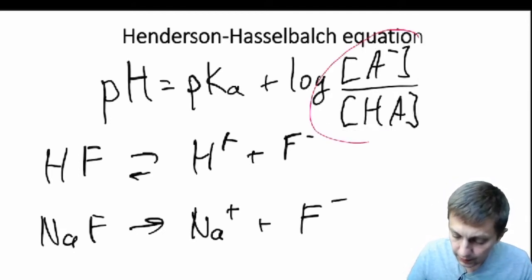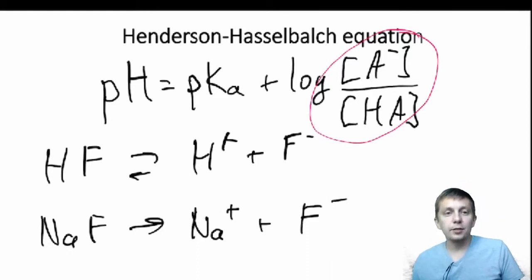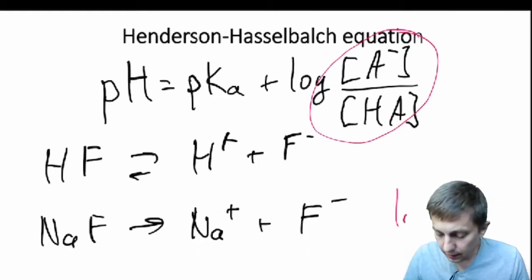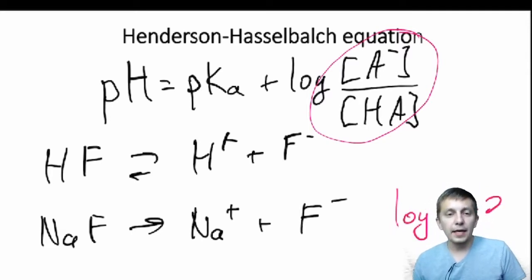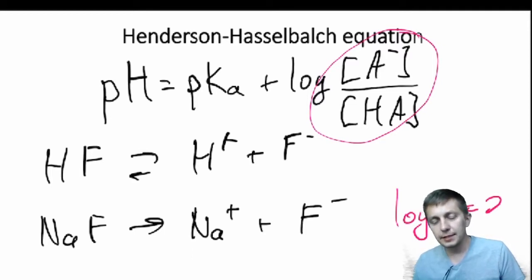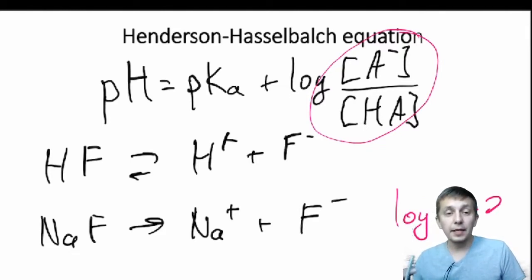What's interesting about this equation is that if the ratio of acid and conjugate base is the same, log of 1 equals 0, and the pH of a salt of a weak acid and a weak base with conjugate acid and base will equal pKa.